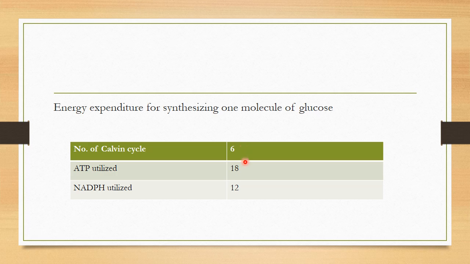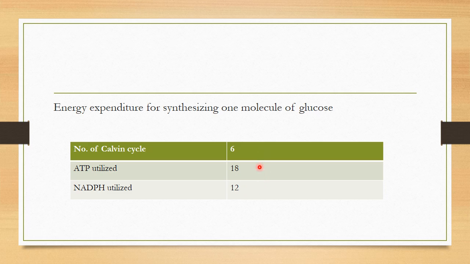The total ATP utilized for synthesizing one molecule of glucose is 18. So to make one glucose molecule we need 18 ATPs. And how much NADPH is needed? 12 NADPH.